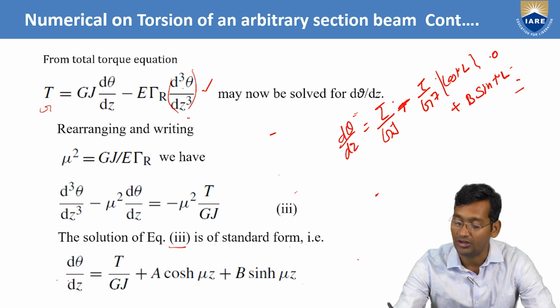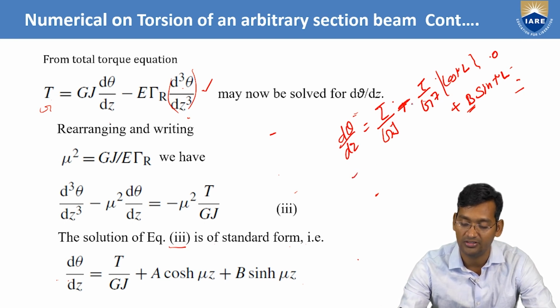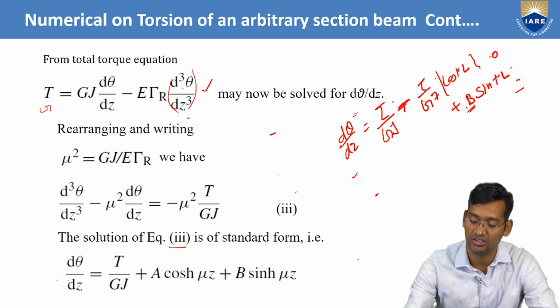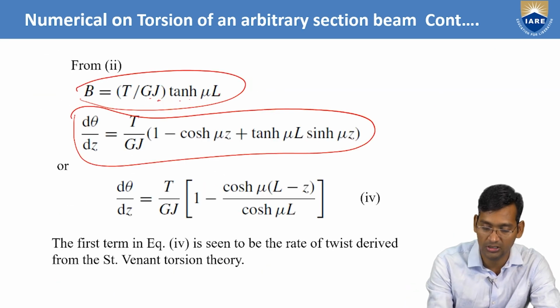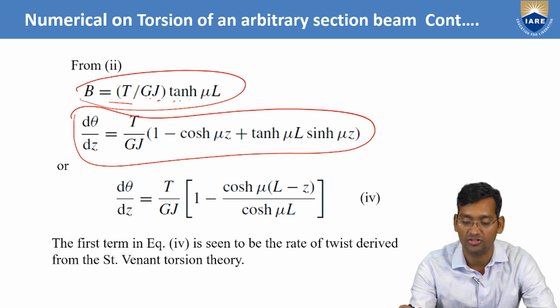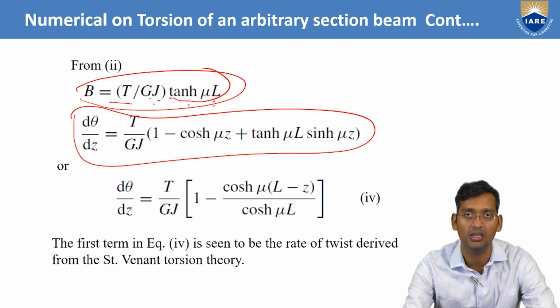This we have to find. So from here we require to find B. Just equate to 0, then this will come to this side, right? Take GJ common here. So after solving, what we will get? B equals T by GJ, that is sinh by cosh, so sinh μL by cosh μL will give you tanh μL. Hence B is equal to T by GJ tanh μL.